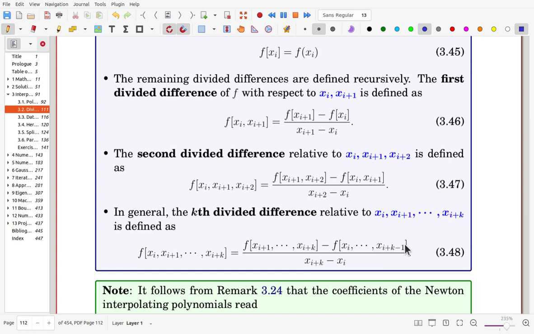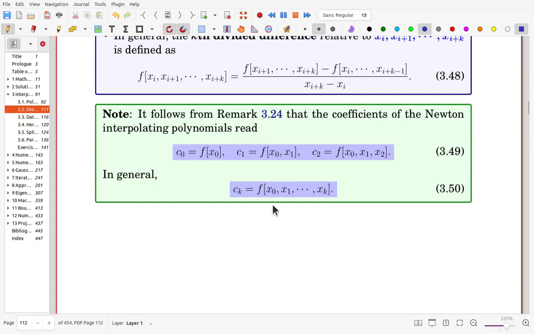So in this way, by using the lower degree divided differences, we can get the next higher degree divided difference values. That is the official definition for divided differences.